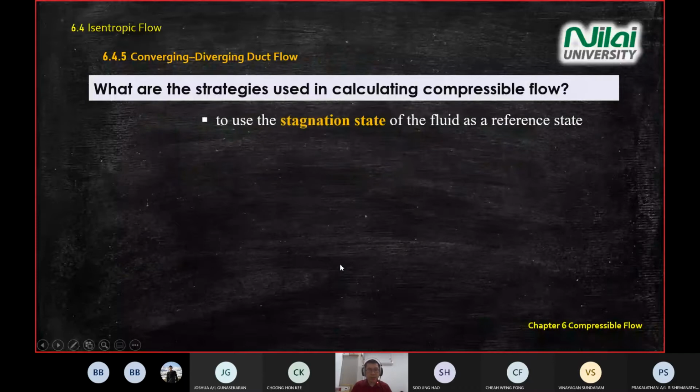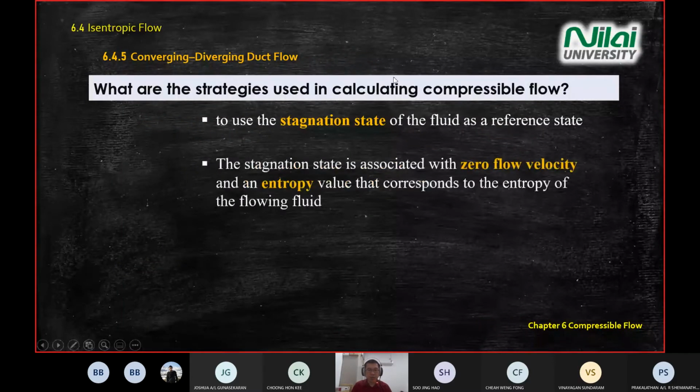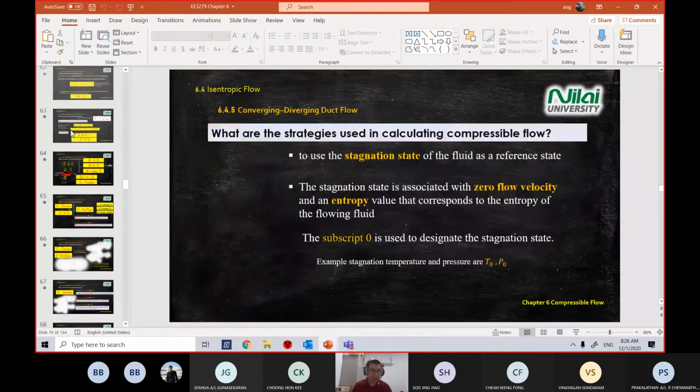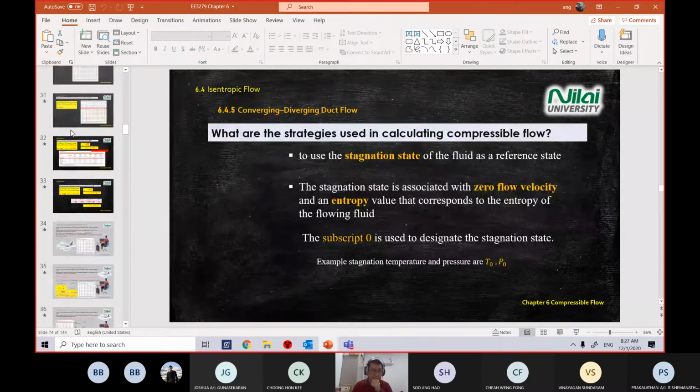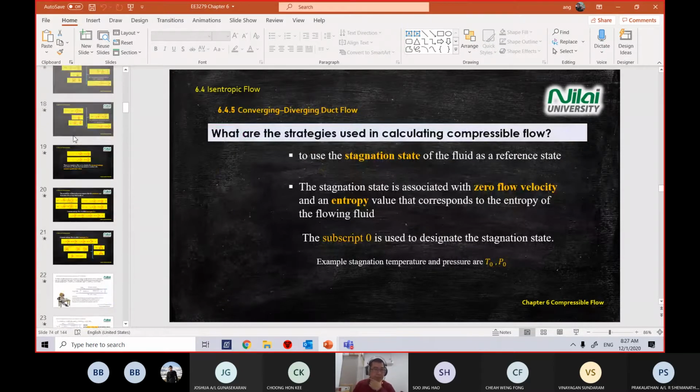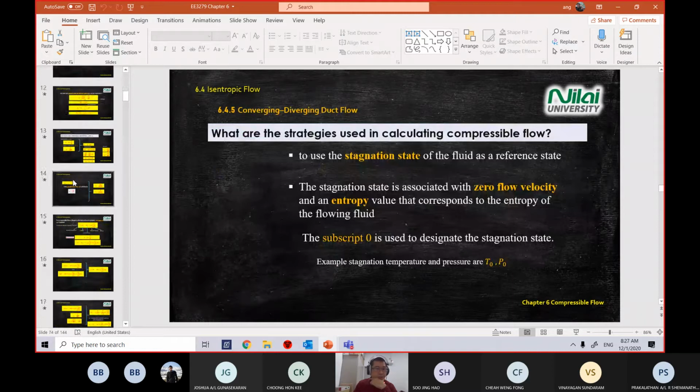So I'm going to go through some strategy for when you have a compressible flow. If your Mach number is less than 0.3, then you have an incompressible flow. If your Mach number is more than 0.3, then you will have a compressible flow. There's a slide, so let me show you.